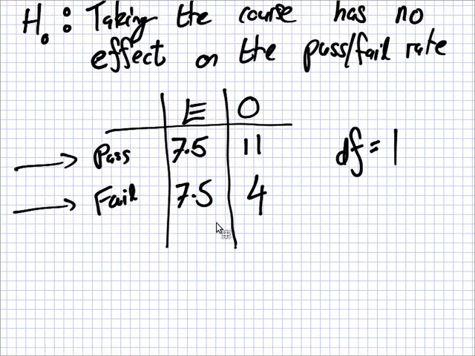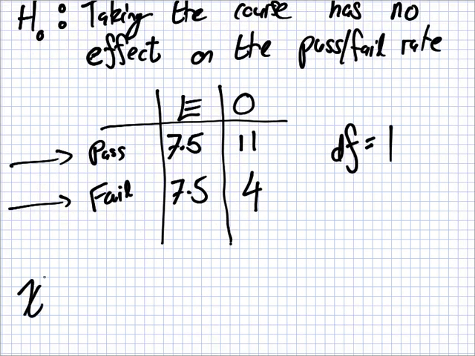I'm going to say no effect, and let's calculate it. Okay, so chi squared equals, so what's the first one? 3.5 over 7.5. Oh, flip.